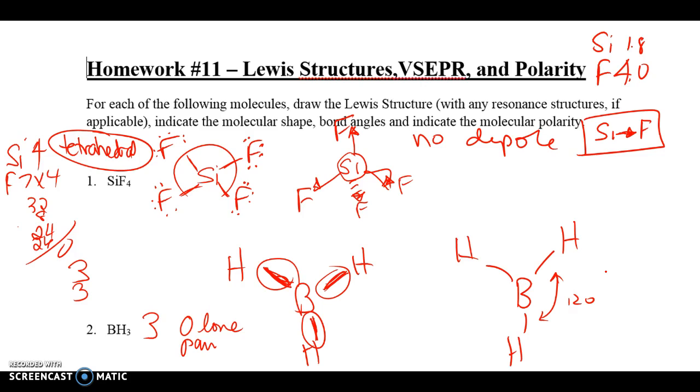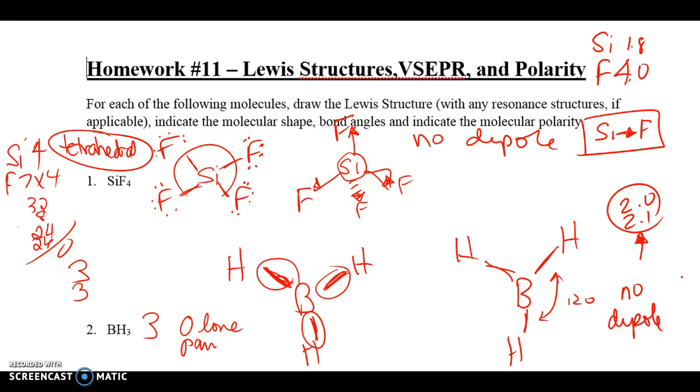Now, here again, if boron has 2.0 electronegativity, hydrogen has a 2.1. Those are basically non-polar covalent bonds. There's no dipole on this molecule. Okay? Because the difference is so small, it's 0.1, these bonds are non-polar covalent. The molecule does not have a dipole.